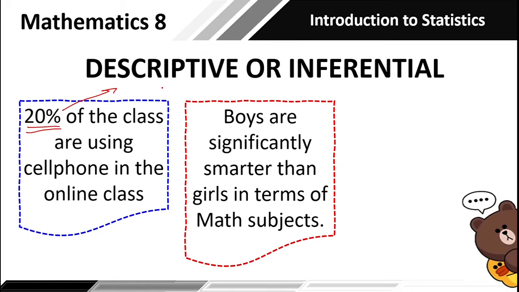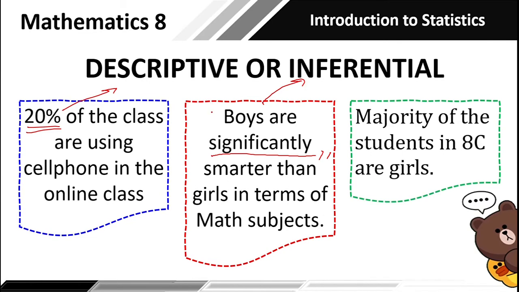Boys are significantly smarter than girls in terms of math subjects. This example is under inferential statistics because it uses the word significant. How do we know that a problem or a particular variable is significant? When we use a statistical treatment like what I mentioned earlier.